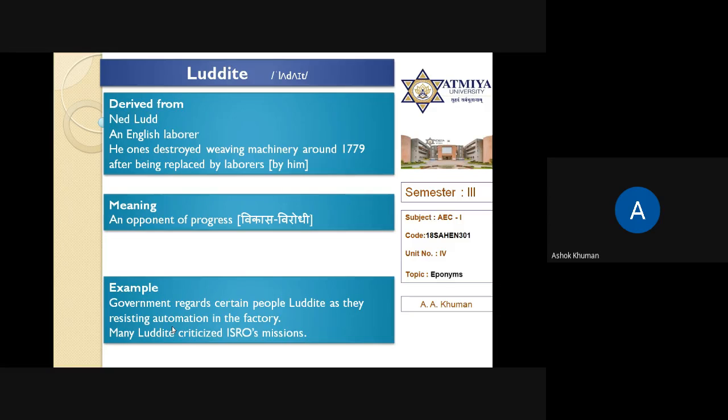Or recently, our government passed land reform bills for the farmers in Parliament. So there are certain states that are opposing it. So this is called Luddite. You show your disapproval of progress, development in anything. That is called Luddite.